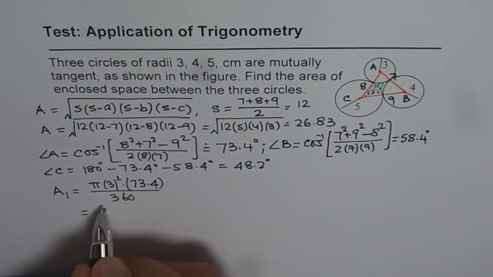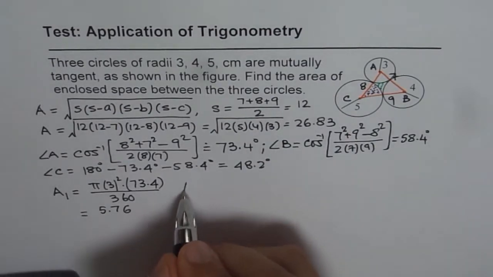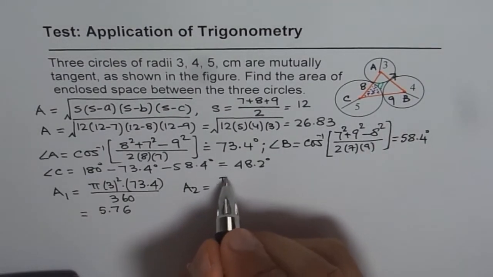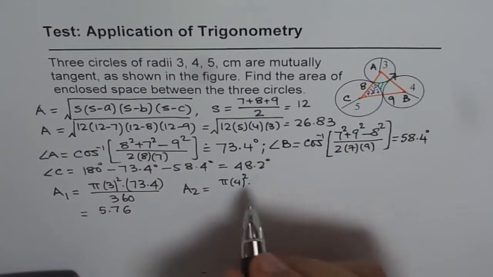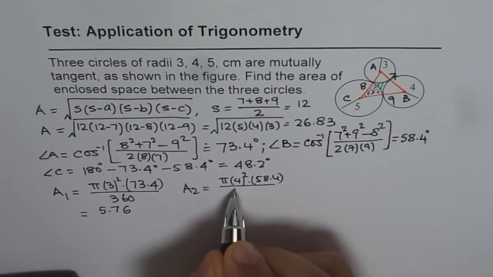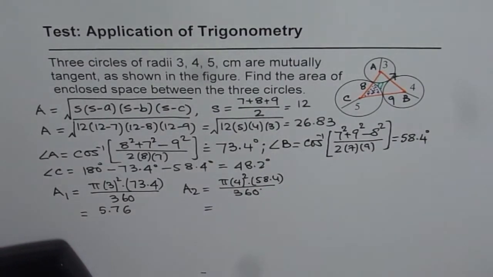So we'll write 5.76. Now the area of the second sector will be, let's take this one, which is pi times 4 square, and the angle for B is 58.4 divided by 360. That gives us, we'll do pi times 16, 4 square, times 58.4 divided by 360.